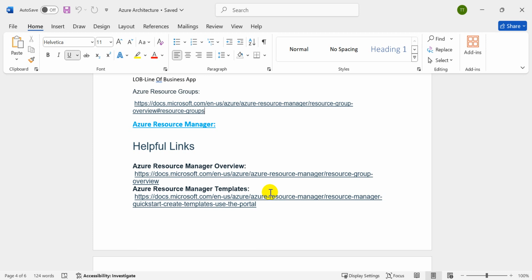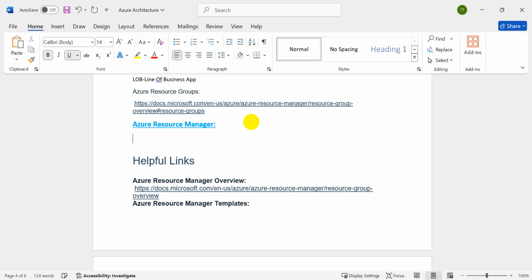Generally, what we can say about ARM: ARM is the native platform for IaC. What is IaC? Infrastructure as code.